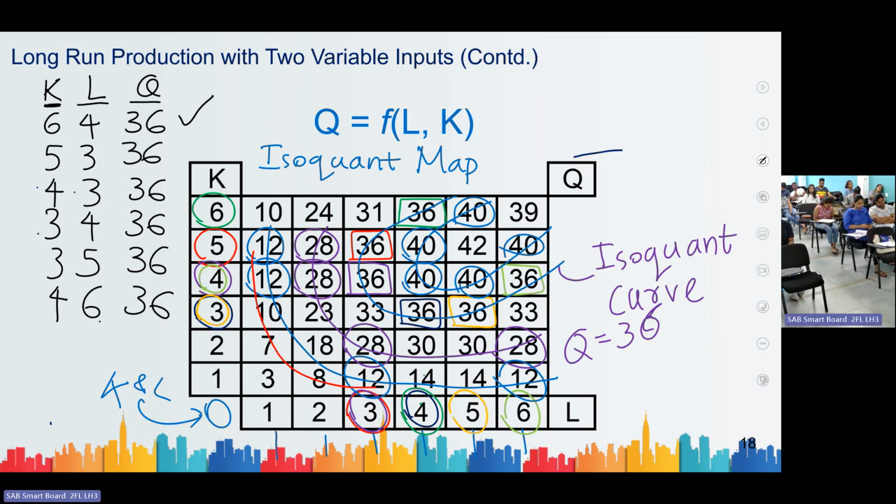So that is how we can interpret long-run production curves. Long-run production curves are represented by isoquant curves.